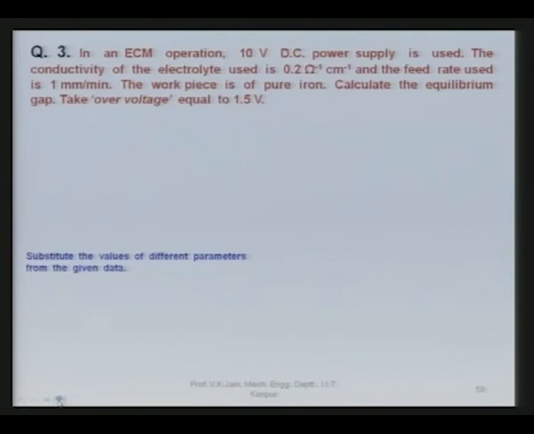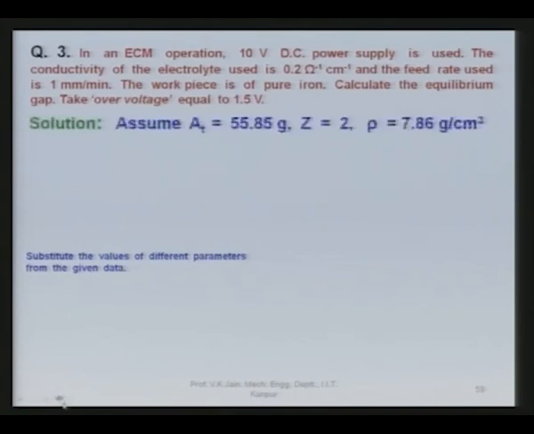Calculate the equilibrium gap, that is Y_E. Take over voltage equal to 1.5 volt. Here let us assume that the atomic mass of iron is 55.85 gram, the valency at which the iron is dissolving is 2 and the density is 7.86 gram per cubic centimeter.